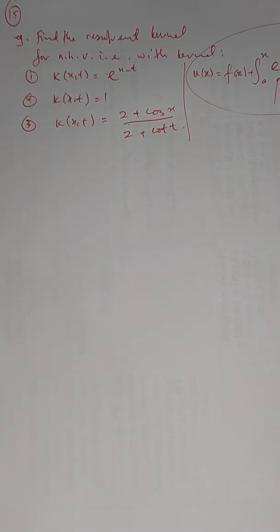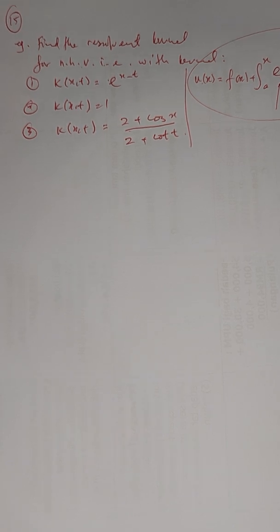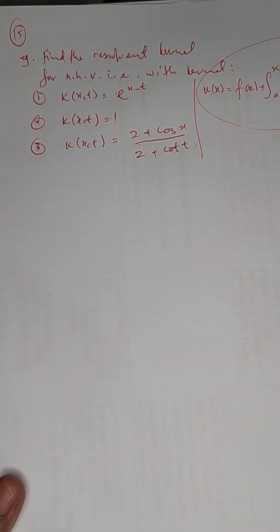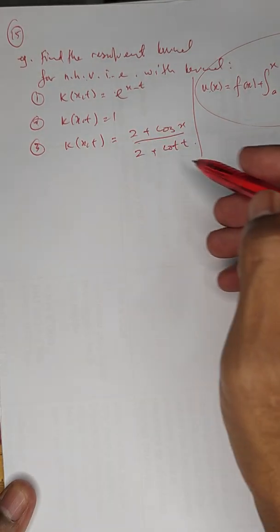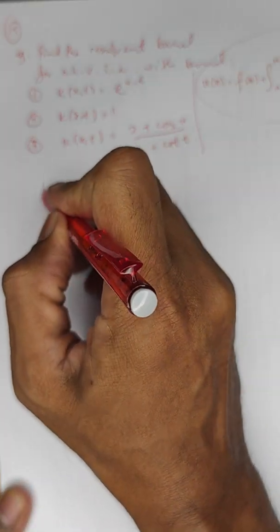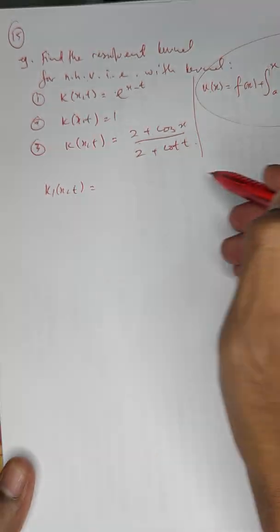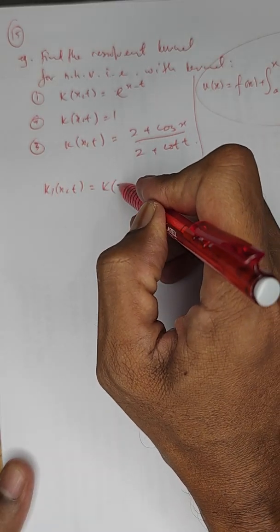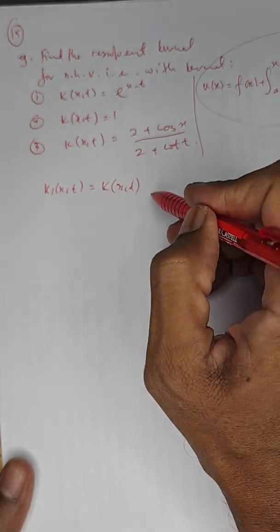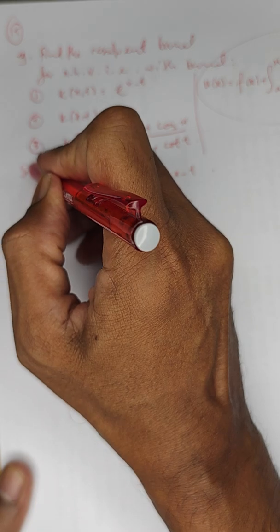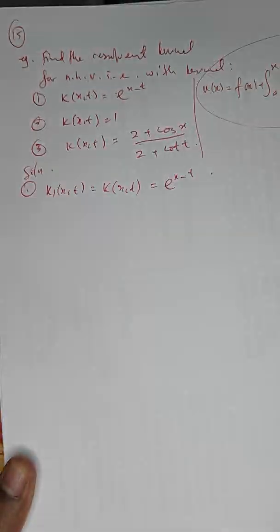So for the first one, we have the iterated kernel. Let me write the iterated kernel. K1(x,t) is k(x,t), which is given as e^(x-t). This is the solution for number 1.